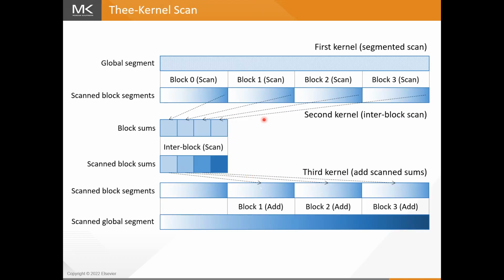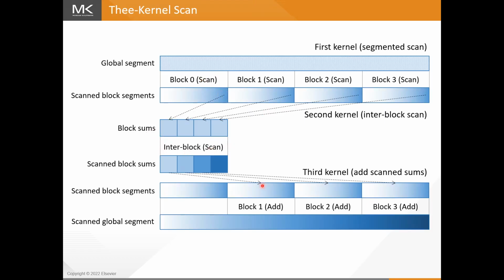So here we're using the same strategy as we used with warps and threads, but at the block level. We're going to launch a kernel where every block scans a segment, and then every block is going to save the sum of all the elements in the block in memory. We're going to launch another kernel where we do a scan of those block sums. We call this the inter-block scan.